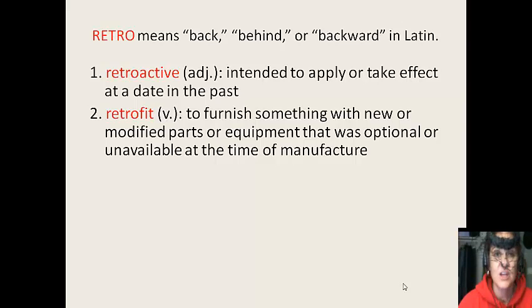So if you take a Model T that was 1922 and you rebuild it and put a 1976 Ford motor into it, you have retrofitted your Model T. If building constructors come in and retrofit a building to make it earthquake safe, they're doing something to that building that the technology was not available when it was originally built, so that it can make it safer for earthquakes. So that's retrofit.